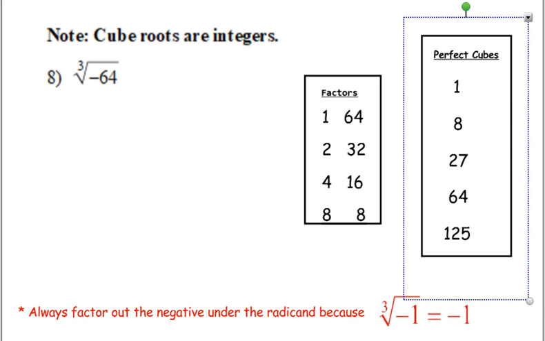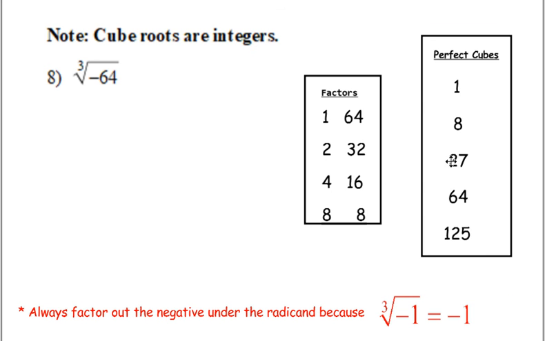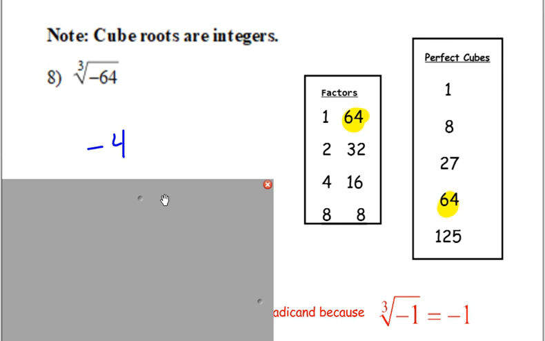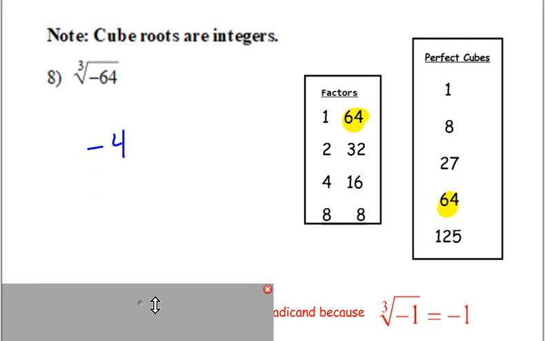Now, cube roots are integers, so we can have a negative number under the radicand. So let's simplify the cube root of negative 64. 64 is a perfect cube, so the cube root of negative 64 is negative 4.